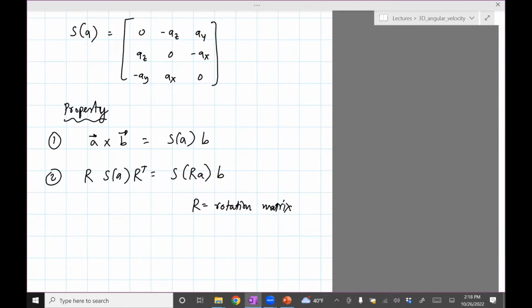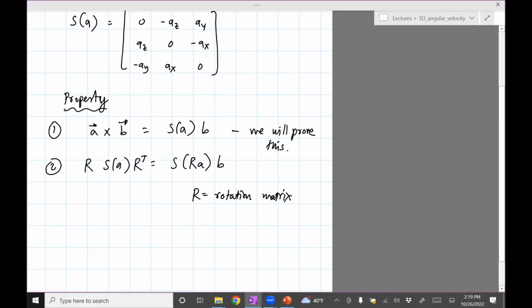But this particular expression, A cross B equals S of A times B, is very useful because now you can take a cross product and write it as a matrix S of A times a vector B.